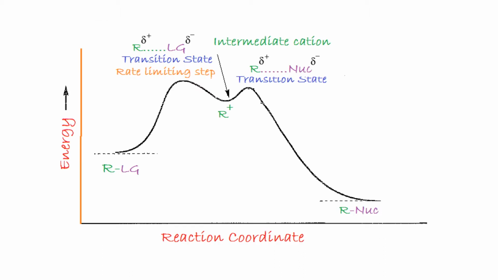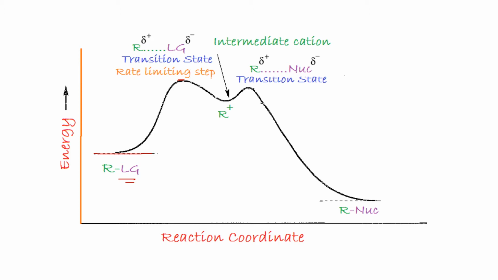So we start with the substrate, the leaving group leaving away from the R group, that's the transition state, and this step is the rate determining step, the high energy step.